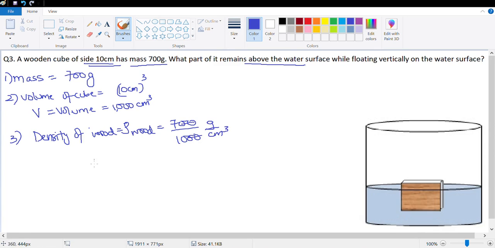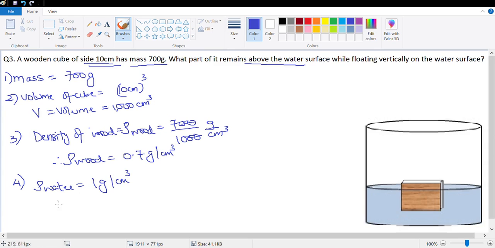So rho wood is equal to 0.7 gram per centimeter cube. Next, density of water we will take as 1 gram per centimeter cube.